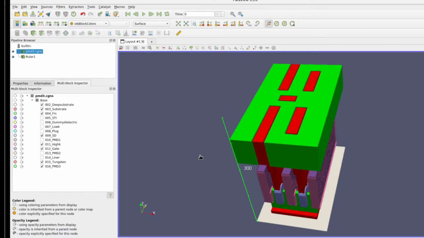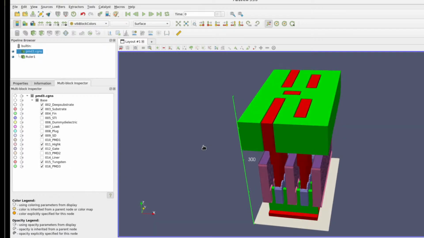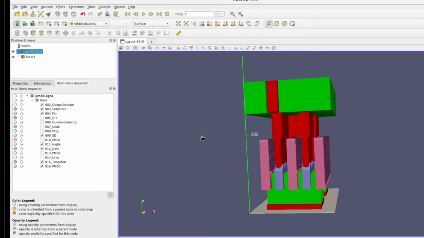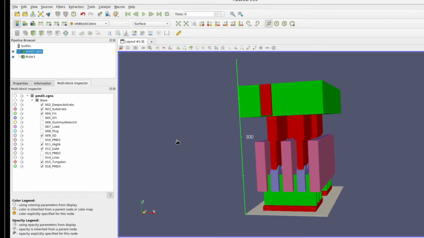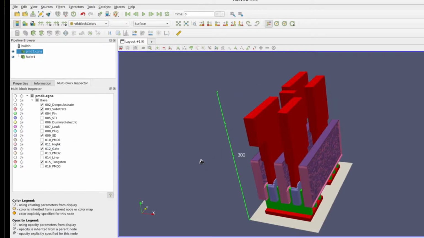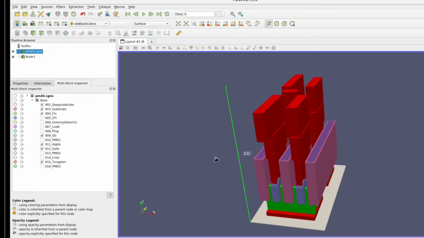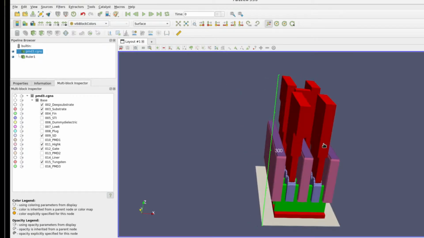So we'll just share the final result. Some of the dielectric materials are intentionally neglected, and we are just looking at semiconductors and metals.